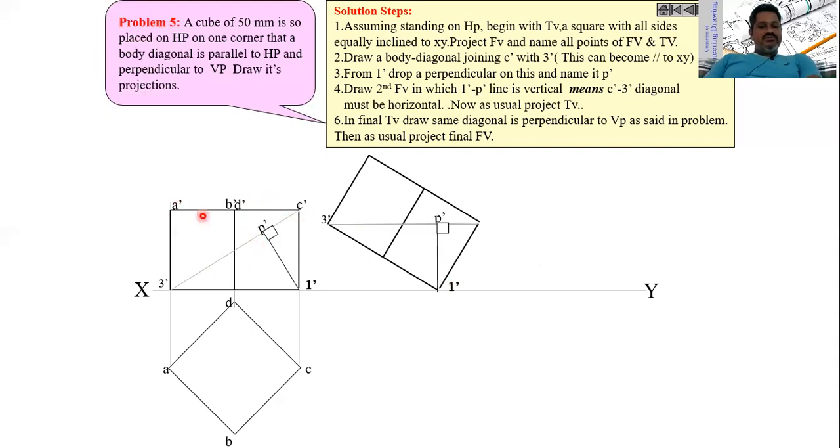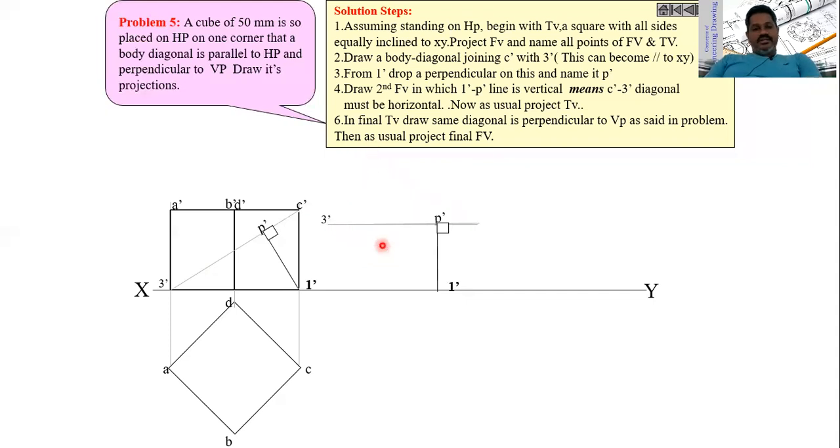After indicating P dash, 3 dash as well as 1 dash, construct exactly the shape that we have in the front view when the cube is lying on HP completely. Join 3 dash 1 dash and draw a perpendicular to get this edge.